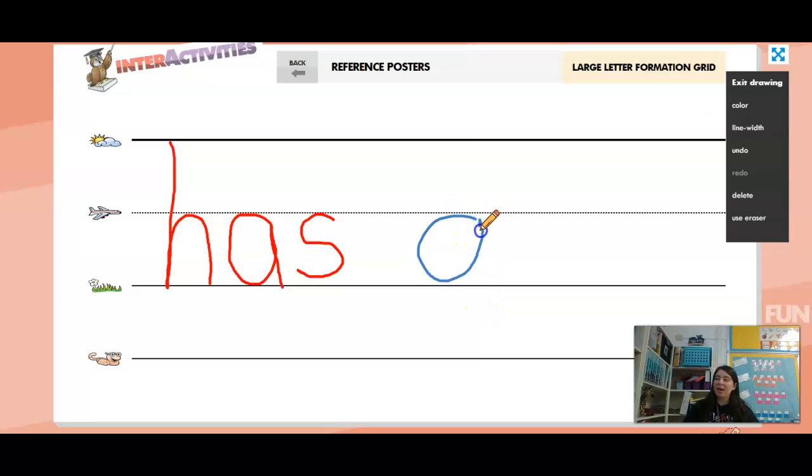So I have A, S. Great job, first grade. Now we're going to practice using these two trick words in some sentences.